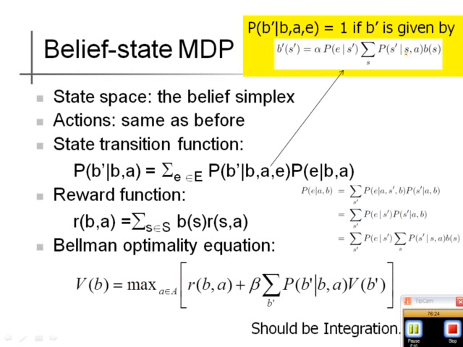Okay. One thing I want you to understand is make sure that you understand these two things. How P(B' | B, A) is computed, which is in terms of P(B' | B, A, E). This part you know from the previous slide. The only thing left is P(E | B, A), evidence given B and A. And evidence given B and A can again be computed using normal rules of probability.